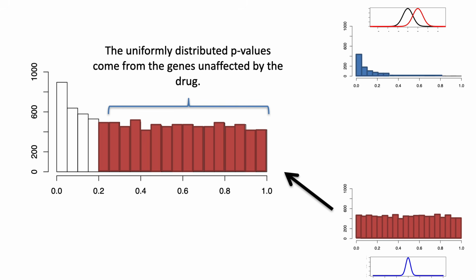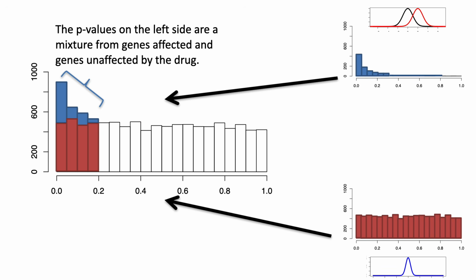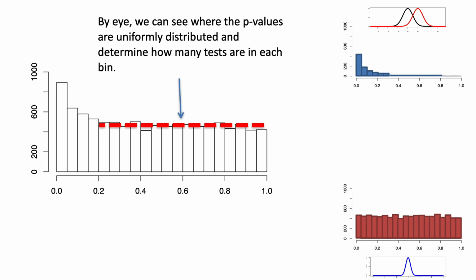The uniformly distributed p-values come from the genes unaffected by the drug. The p-values on the left side are a mixture from genes affected by the drug and genes unaffected by the drug. By eye, we can see where the p-values are uniformly distributed and determine how many tests are in each bin.